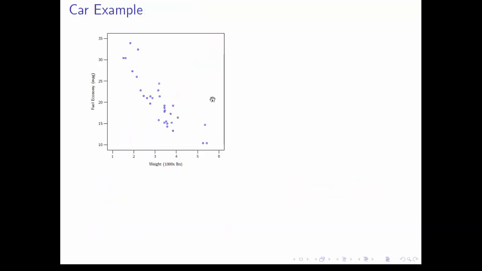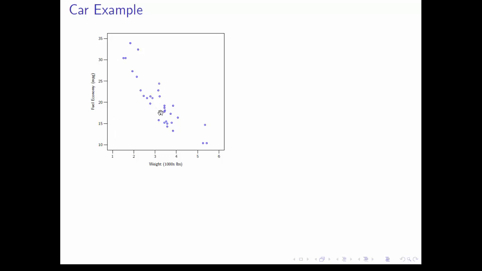Here's another example, for cars. This is about 45 different car models. On the x-axis we have the weight in thousands of pounds, which is going to be important in a second, so keep that in mind, and on the y-axis the fuel economy in miles per gallon.